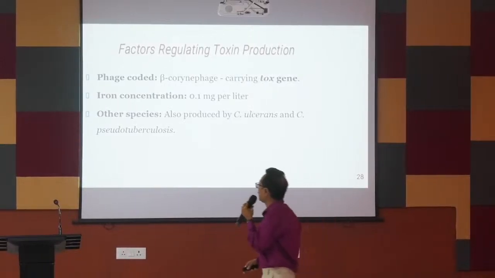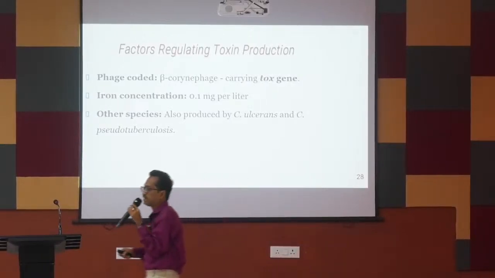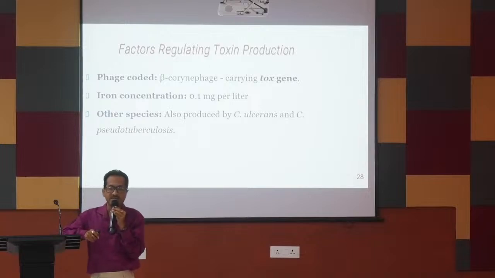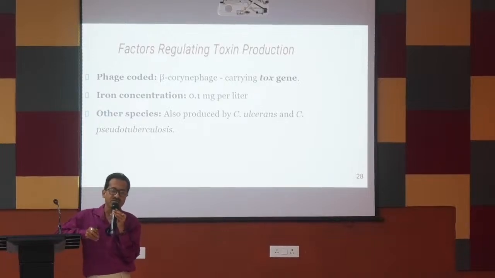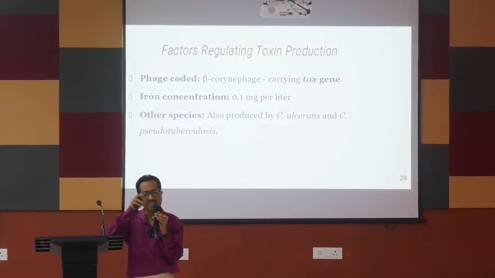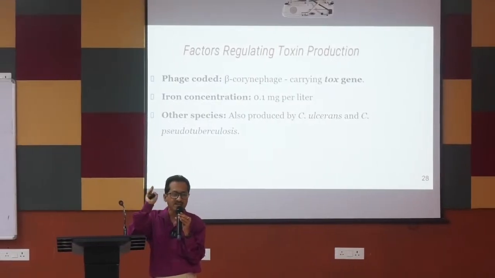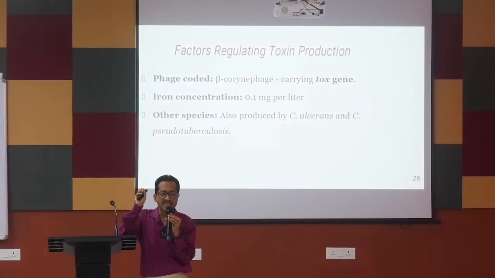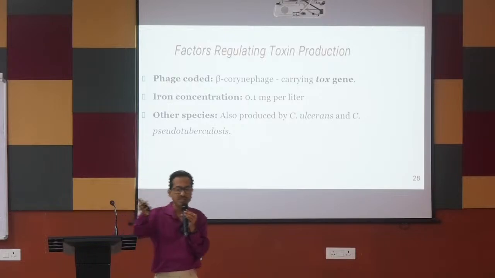Iron concentration is 0.1 milligram per liter. Why is iron needed? There is a gene regulator protein, DtxR. Iron acts as a negative suppressor through DtxR, and when iron is low, the toxin is expressed.